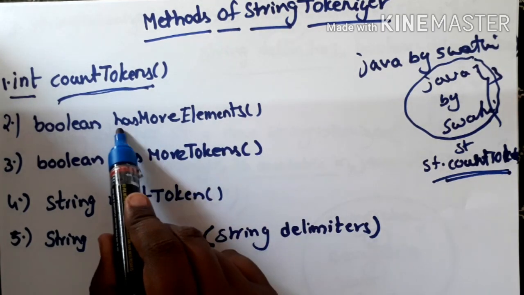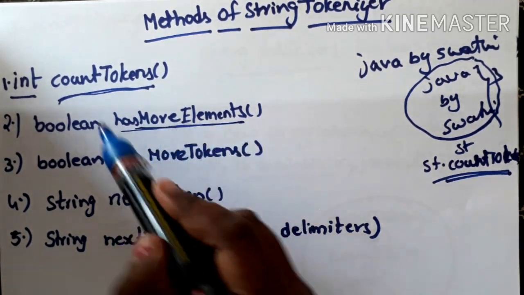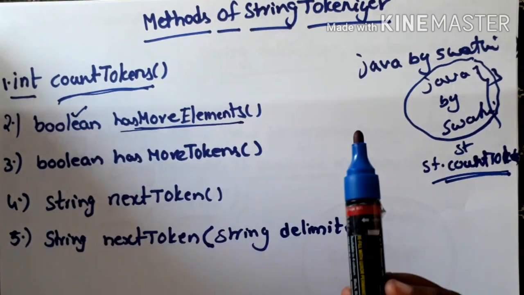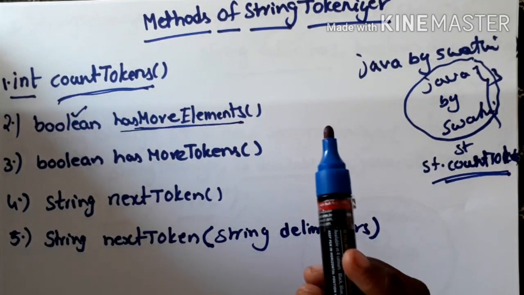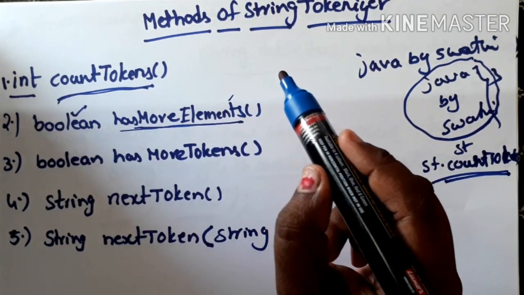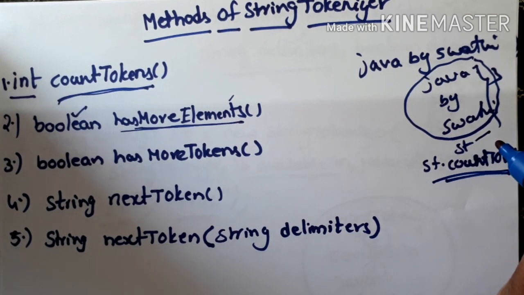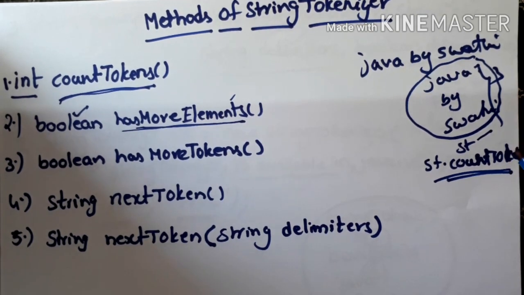The next method is hasMoreElements, and the return type is boolean. This method will return true if there are more elements to be accessed from the StringTokenizer object. It will return false if there are no more elements available for accessing.